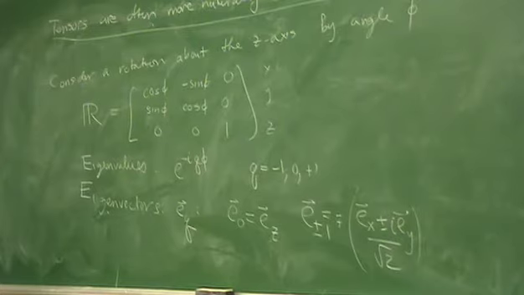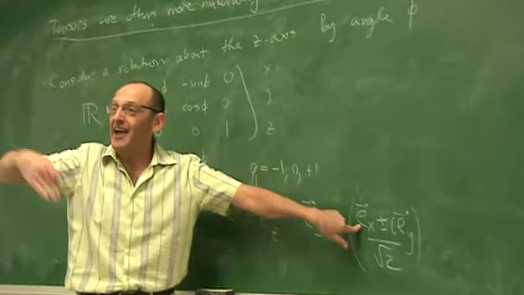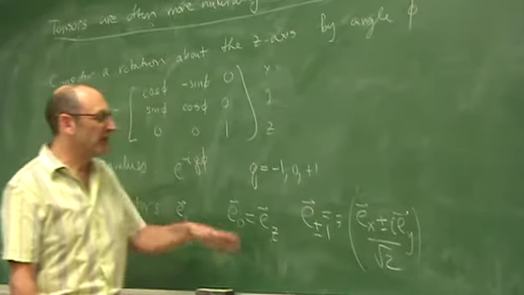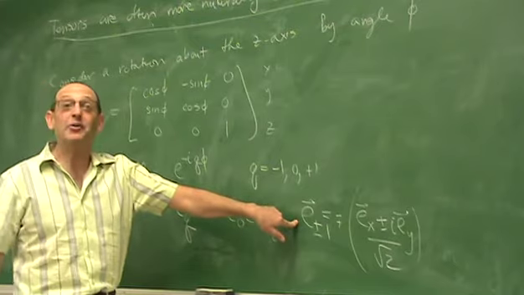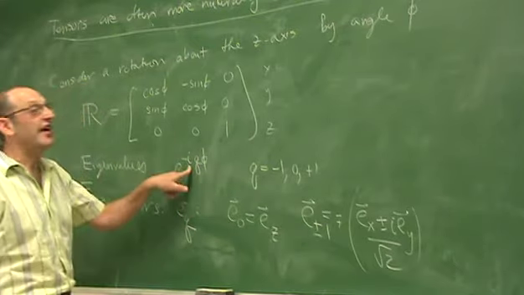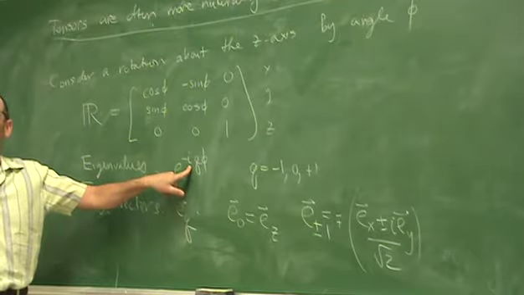It's important to keep track of that sign. So x changes into y and y changes into x, but under rotation this vector comes back to itself with an overall phase e to the plus or minus i phi.